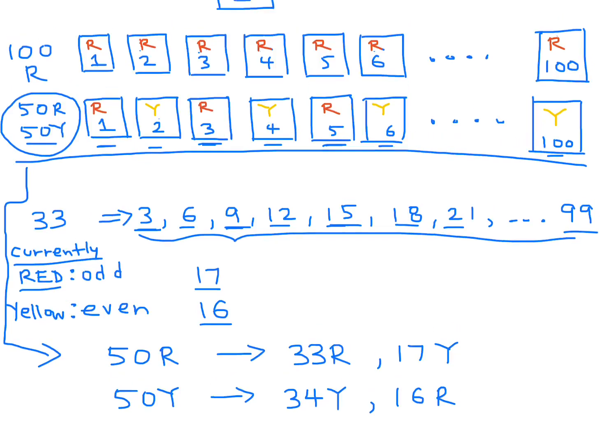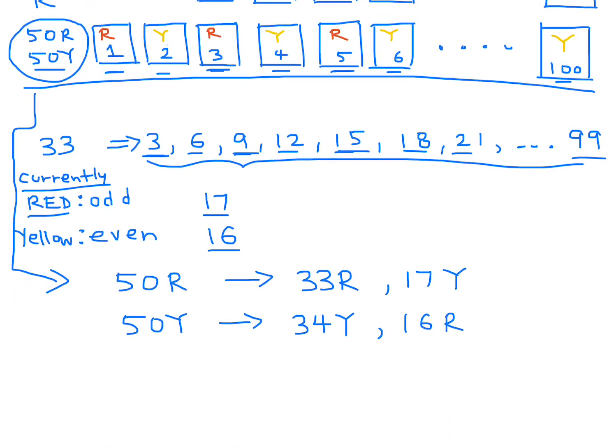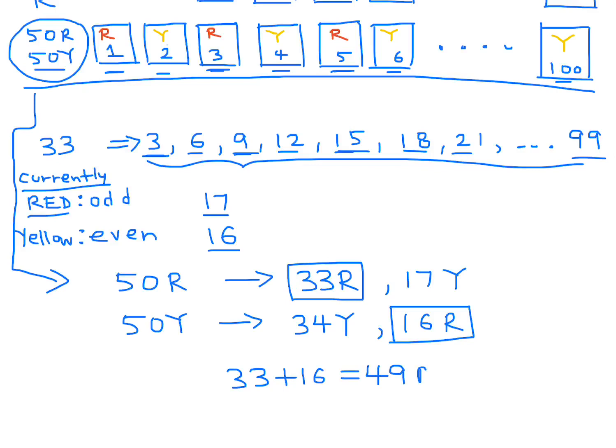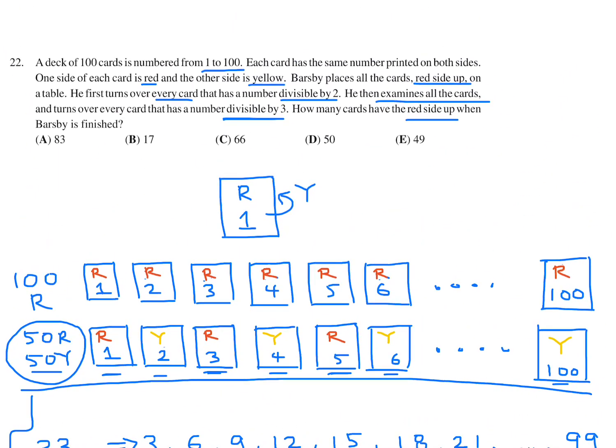So the question is asking you, when this is all done, how many cards have red side up? Well, we are done, and how many are red? Well, we have 33 red here, and we have 16 red there. So 33 plus 16 is equal to 49 red. And therefore the answer is 49, and that would be choice E.